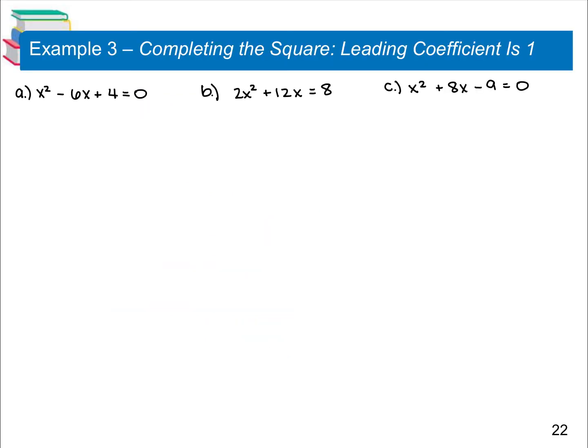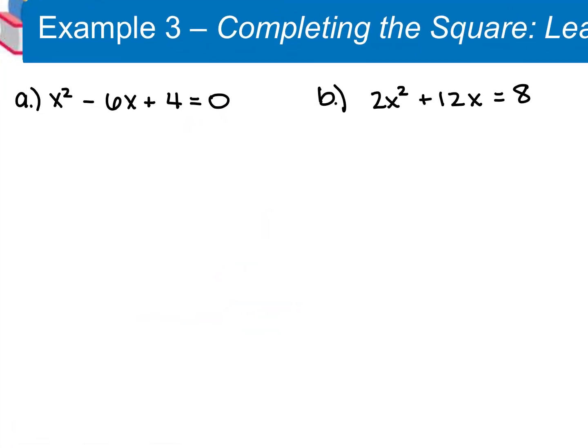For our next example, we have x squared minus 6x plus 4 is equal to 0. For this one, we're going to move our 4 over, subtracting it from both sides. This is going to give us x squared minus 6x is equal to negative 4. Our b term is that negative 6. So we're going to do b over 2 squared.